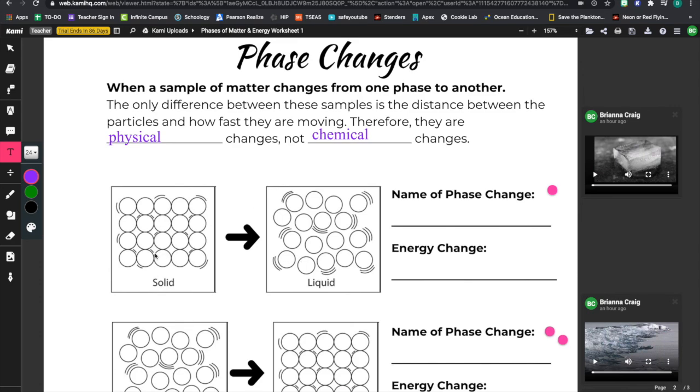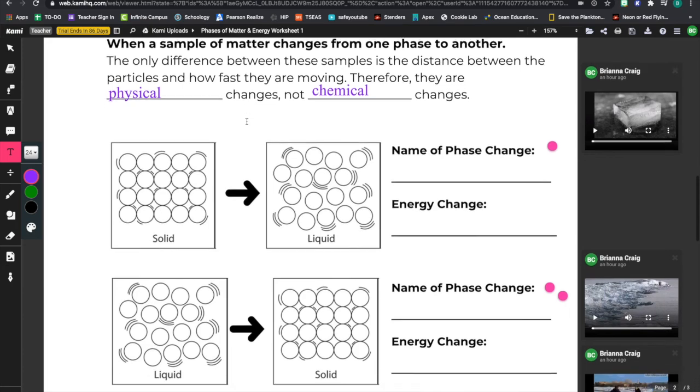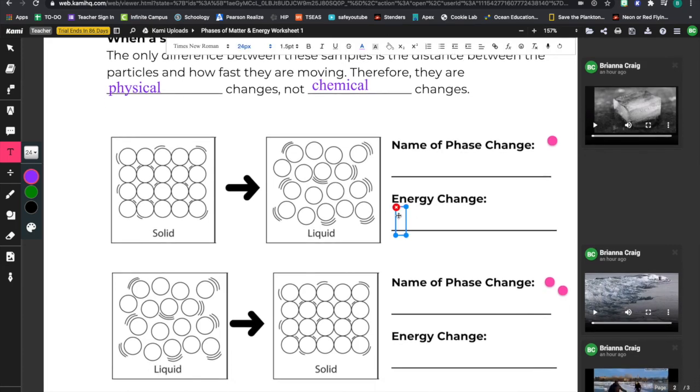So this first one, going from a solid to a liquid, what are we going to call that if we are increasing our energy? Well, we can go look up here. Going from a solid to a liquid, we're increasing energy, so we're going to call that endothermic, okay? Energy change is endothermic.